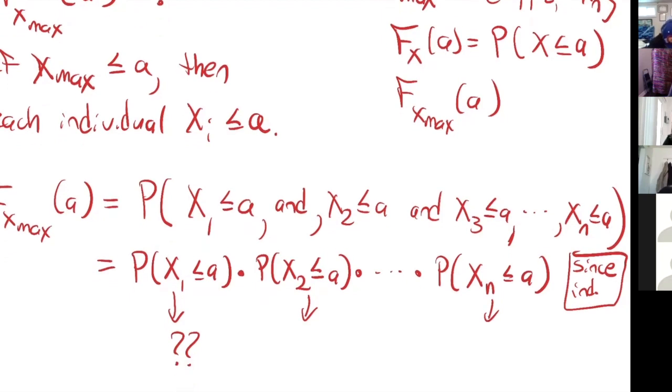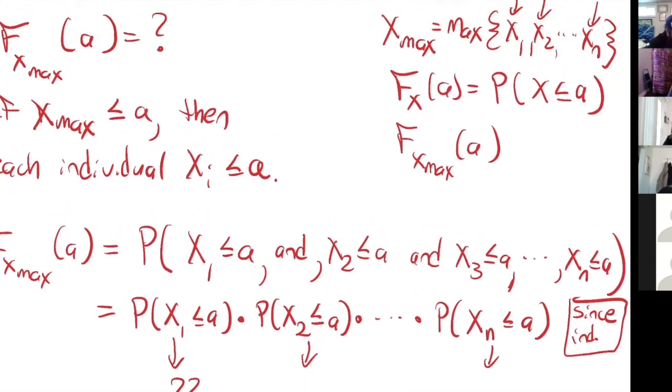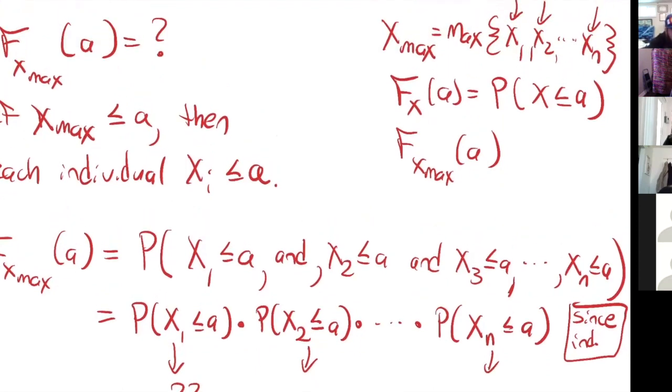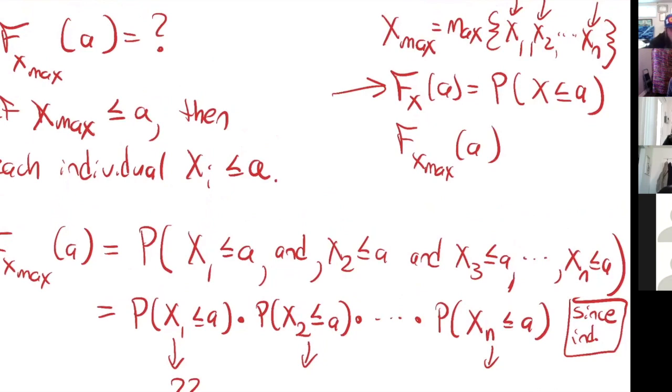But if I want to know the probability that X is less than or equal to A, don't we have a formula for that already? That's what the cumulative distribution function is, right? Each of these X's is a separate observation picked from this same population.